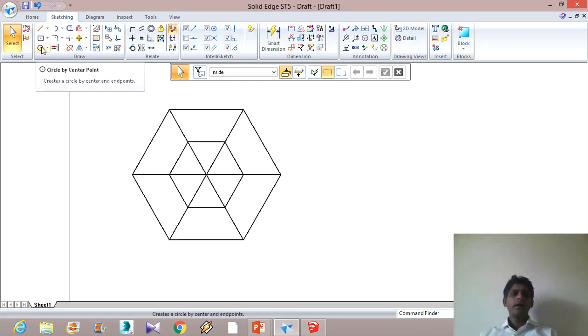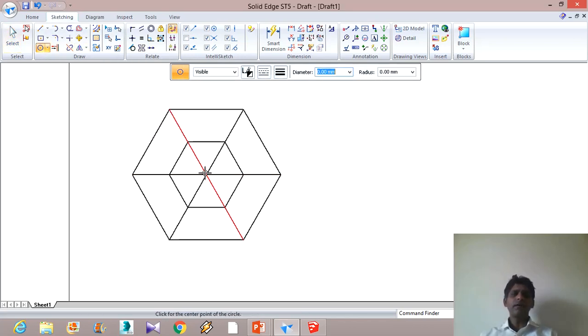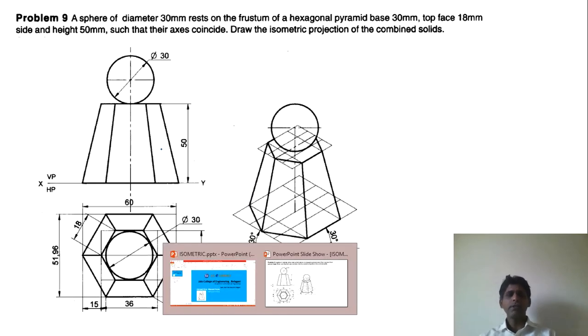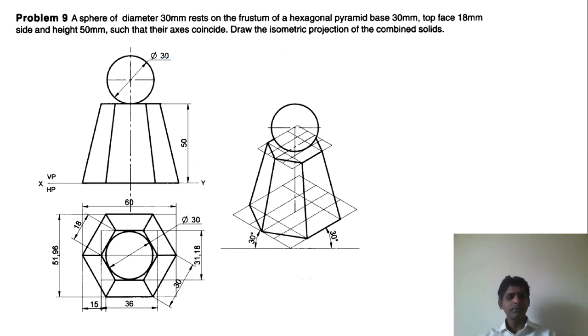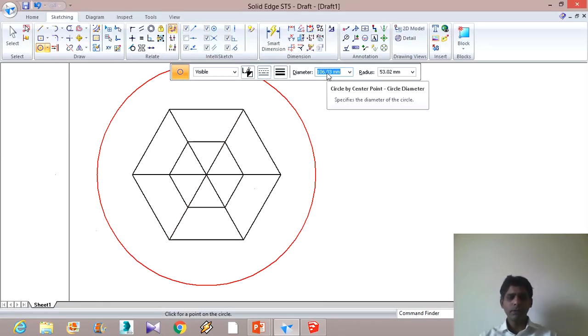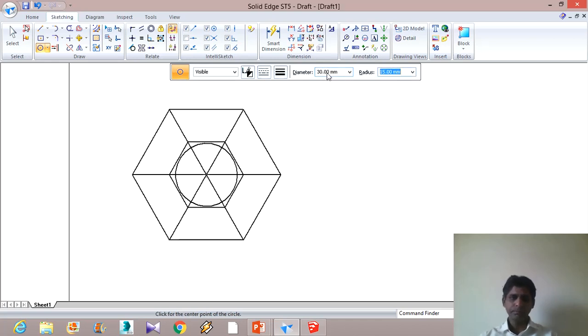And at the center we are having a sphere, right? The dimension of the sphere is 30 mm. So the diameter is 30 mm. So here I will put 30 mm, right?